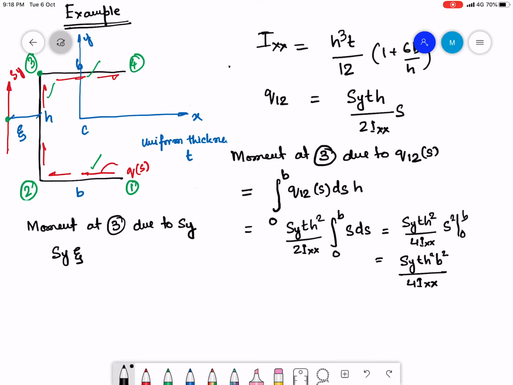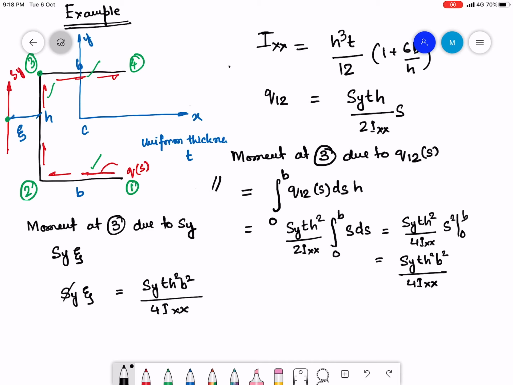Equating this to the moment produced by the shear flow, the net torsional moment is 0. So I have Sy into zeta equal to Sy into t h square b square by 4 Ixx.